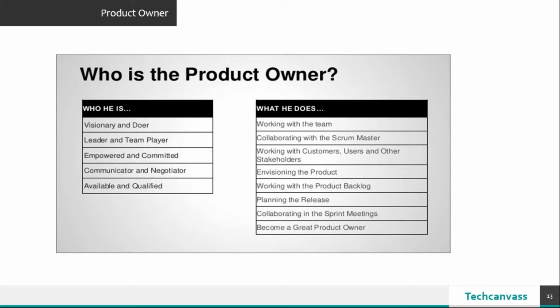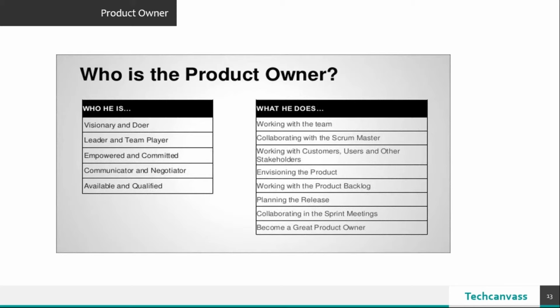And working with customers, users, and of course other stakeholders. So the product owner is a person who's constantly working with the end users or with the end stakeholders. When we talk about stakeholders, they can be anything: somebody who is financing the product, or somebody who is acting as a customer for that particular product, or the end user who will be using that product.